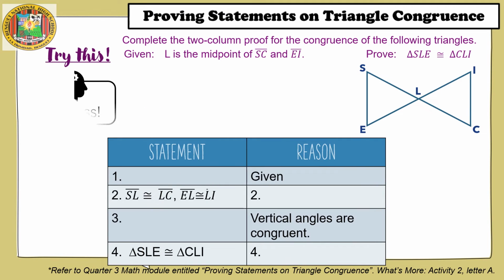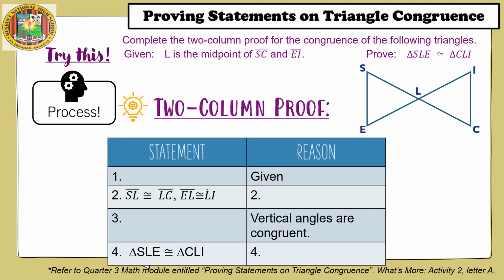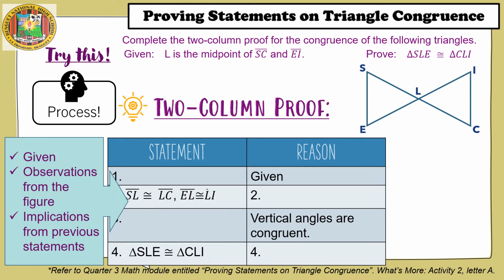Let us process what we know. Recall that the two-column proof is a table containing the statements and reasons to prove the congruence of the given triangles. Under the statement column, we write given statements, observations from the figure, or implications or suggestions that we can deduce from previous statements.